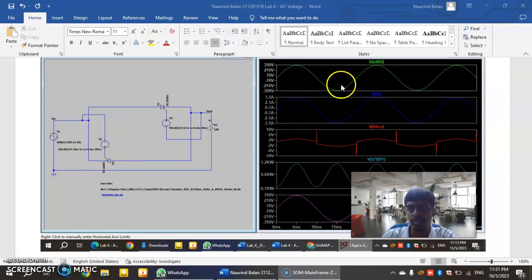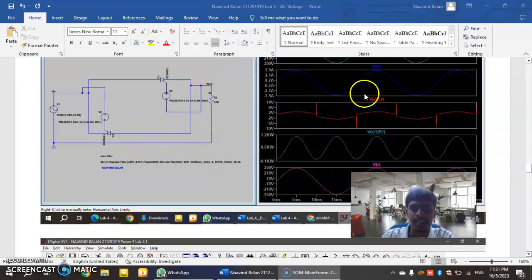So this is the input, and the current will flow around 3.5 ampere. This is for the positive cycle, and this is for the negative cycle. Then input times output, we will get the value over here, and this is the power.